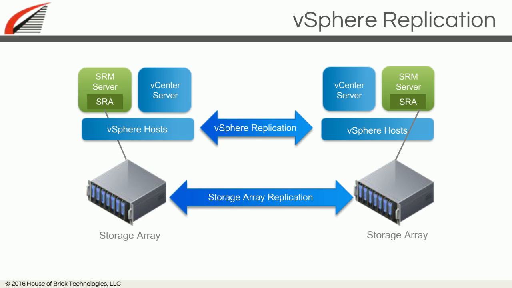So then vSphere Replication. In the world of moving data between your primary site and your recovery site, there are a number of great vendors that we at House of Brick have worked with side by side to help people move data. But what is often overlooked is a tool that comes with your base vCenter Server licensing, which is vSphere Replication.